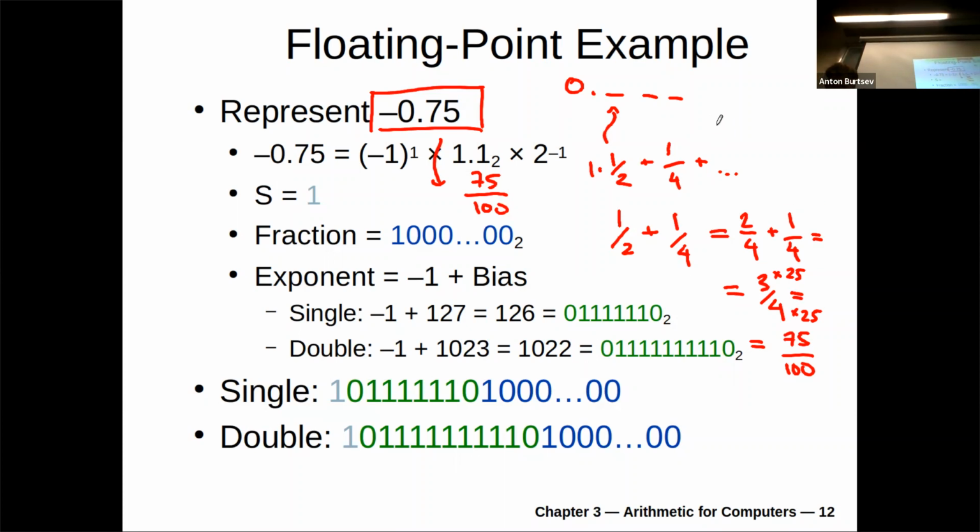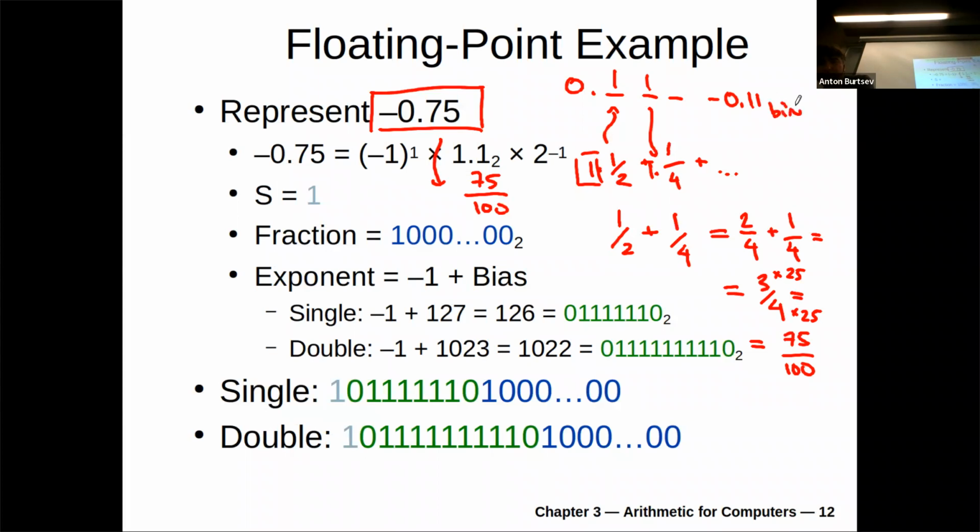0.11, exactly. Because this digit represents 1 multiplied by 1/2, and this one represents 1 multiplied by 1/4. So this number in binary becomes negative 0.11.